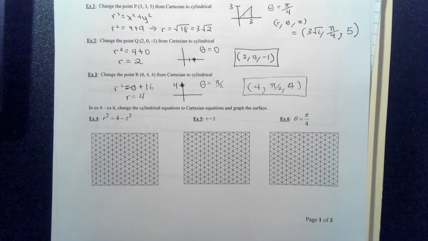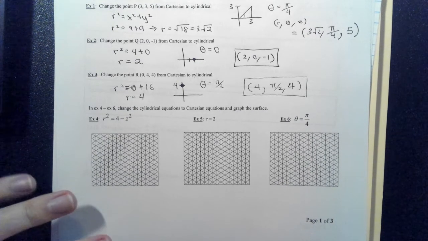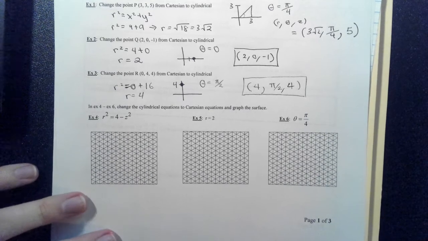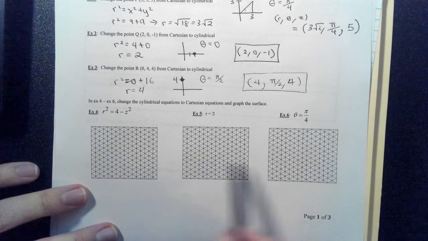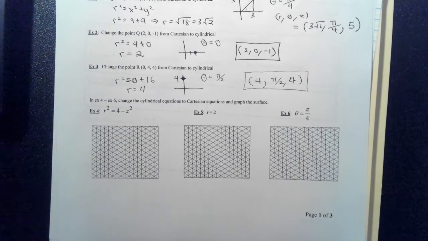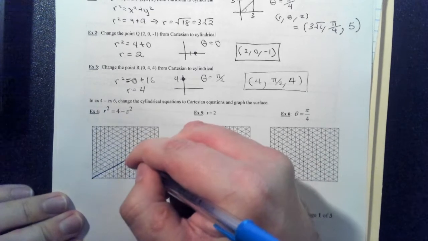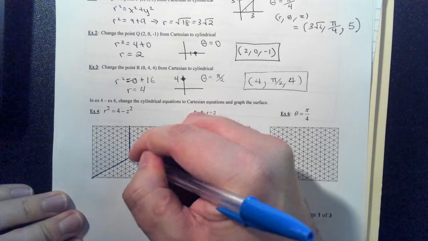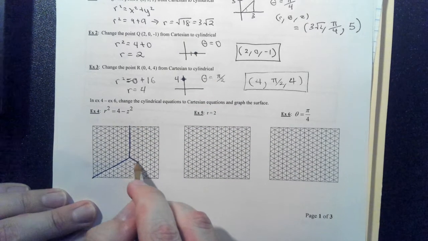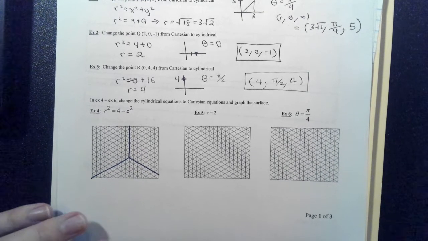So that's just a look at changing coordinates. We can also represent equations of surfaces using cylindrical coordinates. For example, right here, r squared is equal to 4 minus z squared.